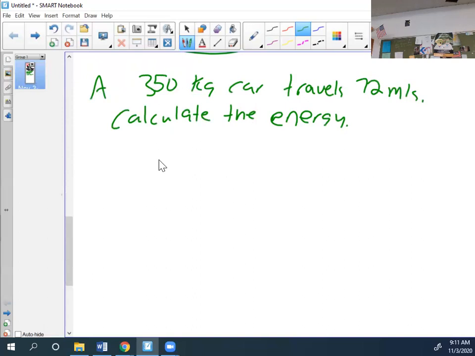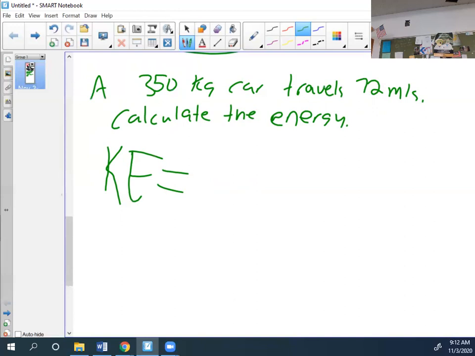It says a 350 kilogram car travels 72 meters per second. Calculate the energy. He's already wrong. Why is it not GPE? It's got a speed. Let me tell you, it's your KE equation. MV squared divided by 2 is the equation.